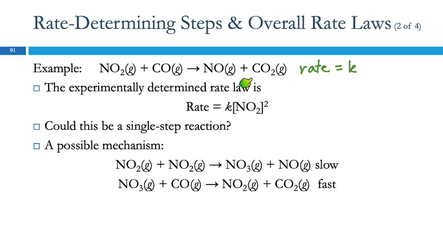It's possible that this could happen as an elementary step, and so then the rate would equal the rate constant times this to the first power times that to the first power. That's what's predicted if this is an elementary step. But that's not what was determined. So this is not correct.